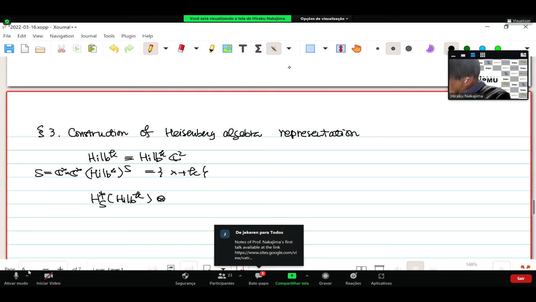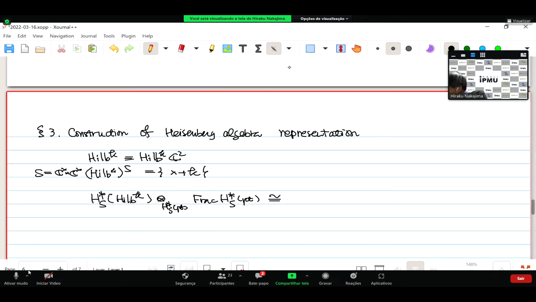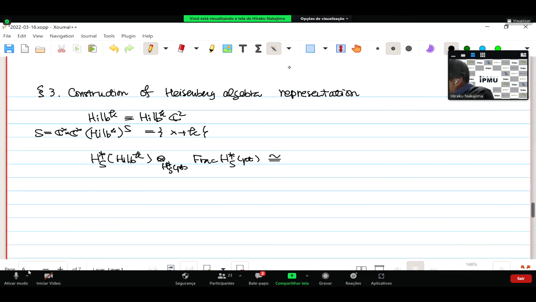If you tensor this with the fractional field, then, as I explained yesterday, this is the equivariant homology of the fixed points, which are partitions.